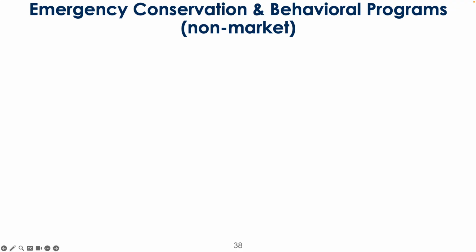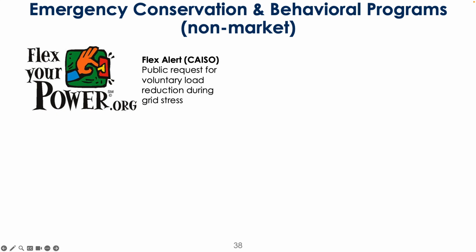The first one I'll mention is emergency conservation and behavioral programs. These are non-market-based programs. Anyone who grew up in California in the 90s and 2000s, maybe I'm dating myself now, will probably remember this little icon, Flex Your Power, which evolved into the Flex Alert, a CAISO program.